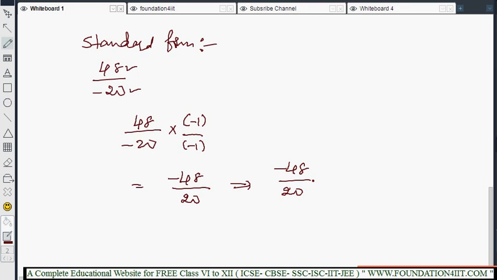Then this becomes minus 12 by 5, because 20 by 4 is 5. For 12 and 5 there are no common divisors. Therefore minus 12 by 5 is the standard form, because we cannot simplify further.